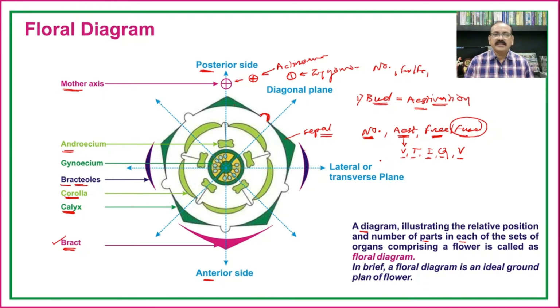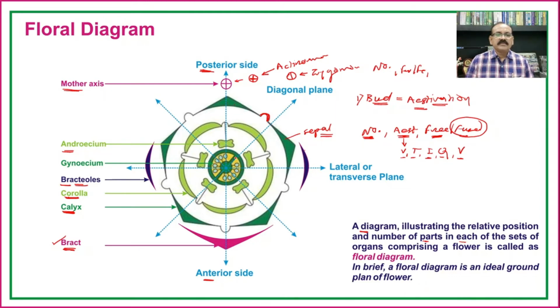Again, the anthers are introrse and extrorse. If they are introrse, then we have to draw their opening towards the inner side, and if they are extrorse, then we have to draw them towards the petals. So in this way, we have to draw the different characters of the stamen, and that will show the characteristics of the flower.